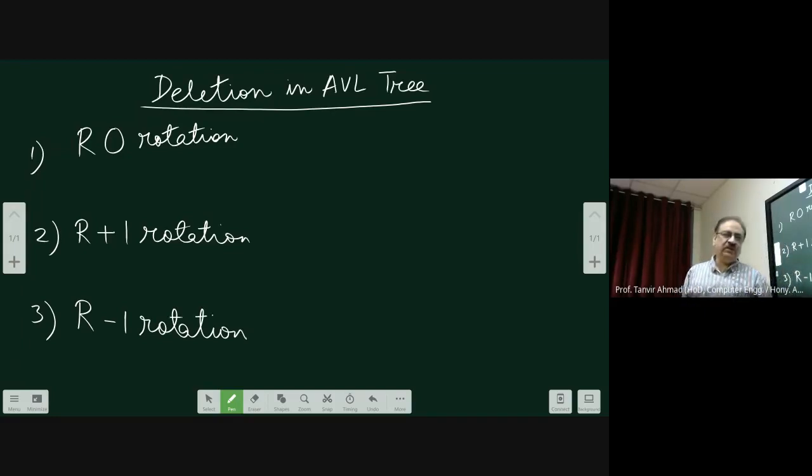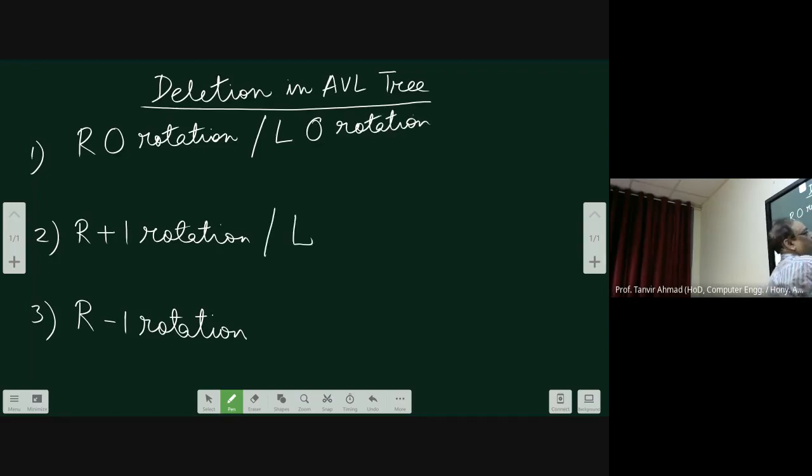There are three rotations: R0, R plus 1, and R minus 1. And with this, there are also the mirror images: L0, L plus 1, and L minus 1.